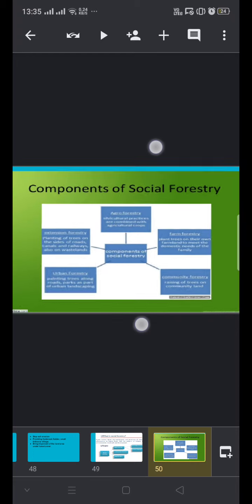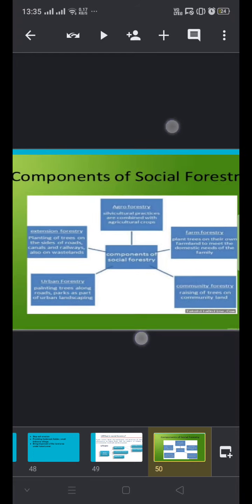Next, the components of social forestry are to provide fuel wood, fodder for cattle, minor forest products to village people, develop local cottage industries by providing raw material, better methods to conserve soil erosion, increase agricultural products by using cow dung manure, provide employment to village people. So these are the major components or objectives, you can say, of social forestry.